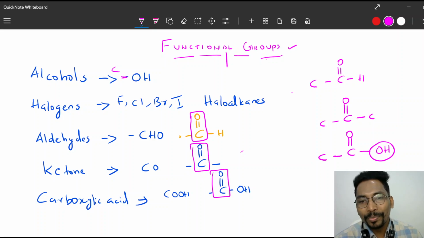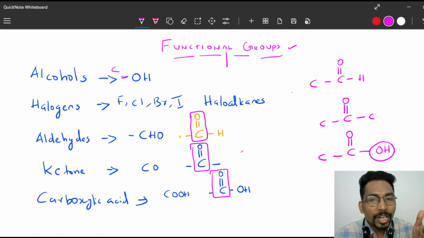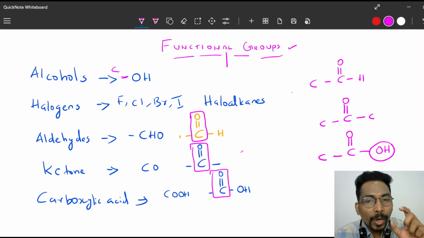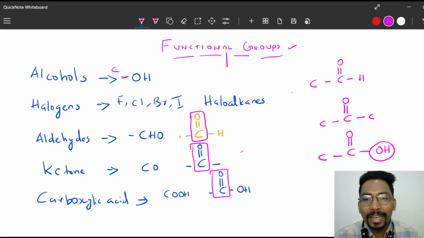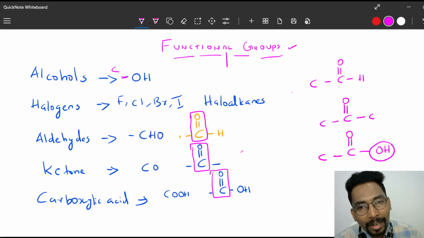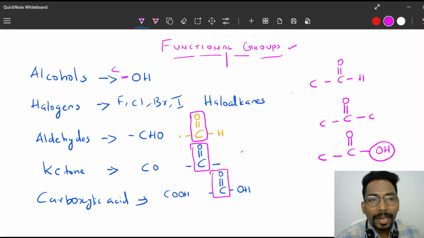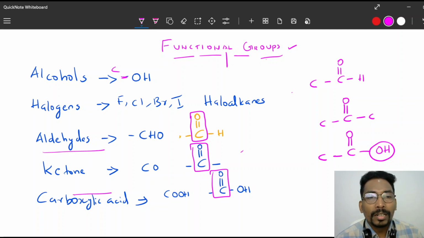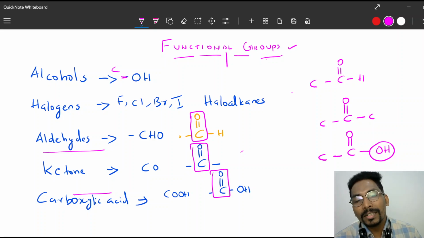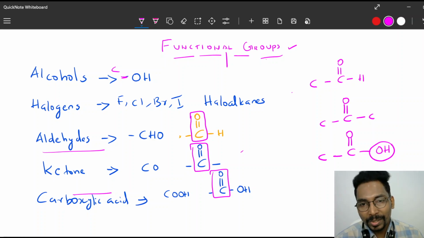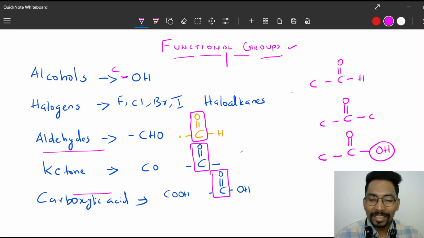So first one, alcohol: a carbon chain, then OH group, directly connected to that carbon chain, the alkyl group or alkyl chain. Then halogens, fluorine, chlorine, bromine, iodine, are directly connected to the carbon chain. Then aldehyde, CHO, ketone, CO, and carboxylic acid, C double bond OH, COOH. I think it's clear.